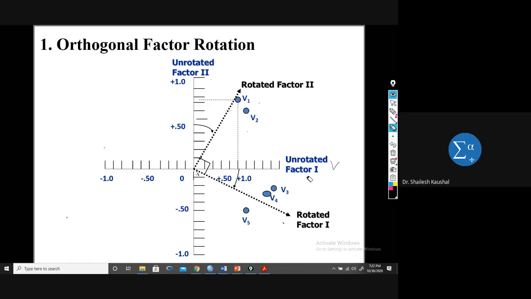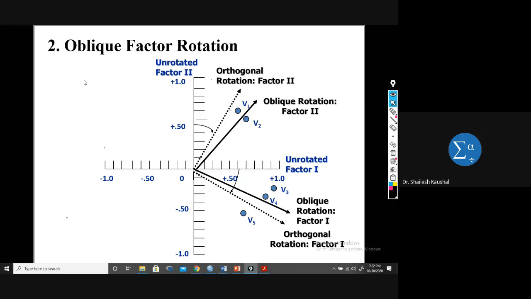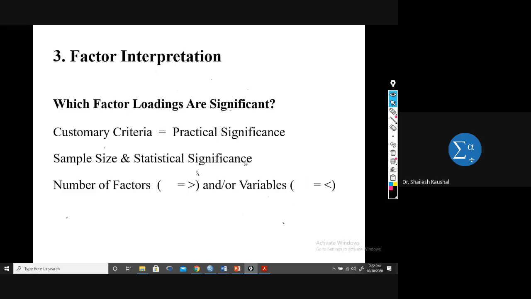After factor rotation, we remove the cross loading problem, and you can understand the same through this oblique factor rotation. You may apply this technique, but generally we apply Varimax rotation.